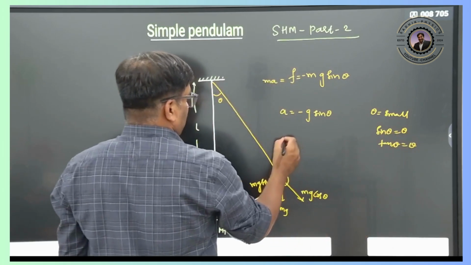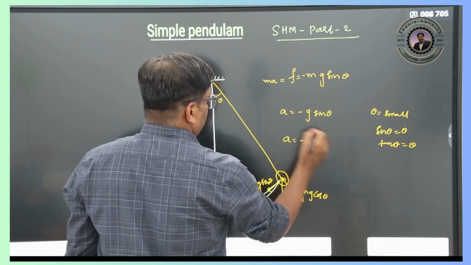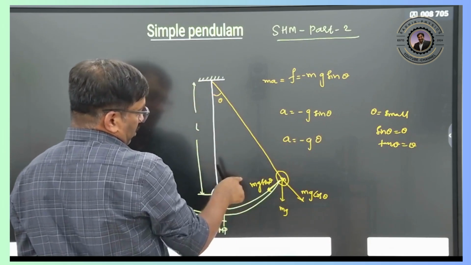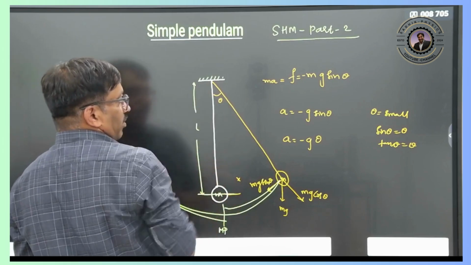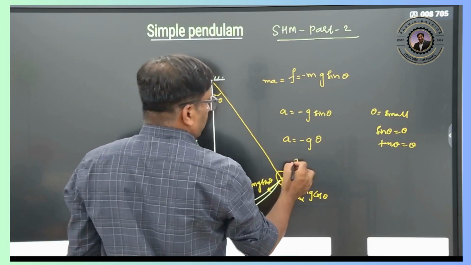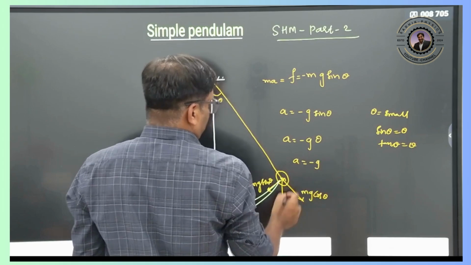So acceleration is equal to minus g into theta. Tan theta is the displacement divided by the length, so theta is x by L. So a is equal to minus g into x by L.